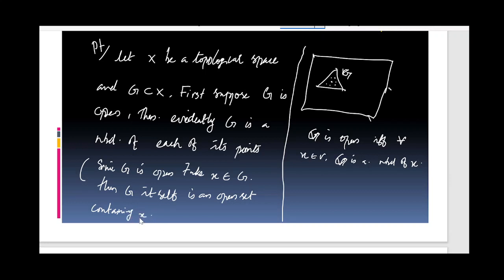Am I right? So we can take V equal to G in the definition. We want to get an open set, right? That open set itself is G. So it should be always a neighborhood of each of its points.